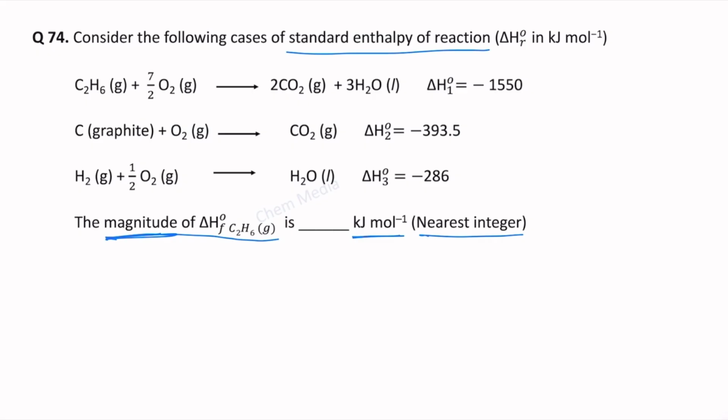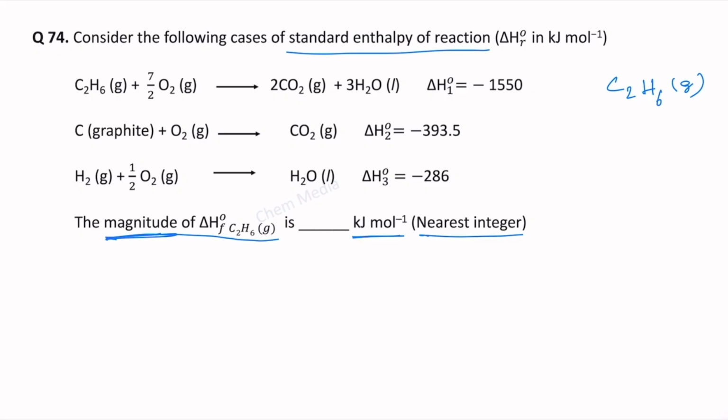Now, the standard enthalpy of formation of a compound is defined as the change in enthalpy that takes place when 1 mole of a compound is formed from its elements present in their standard states under standard conditions. So this means we have to consider 1 mole of C2H6 gas.